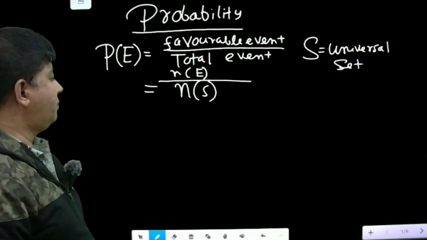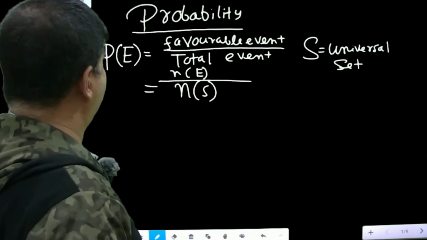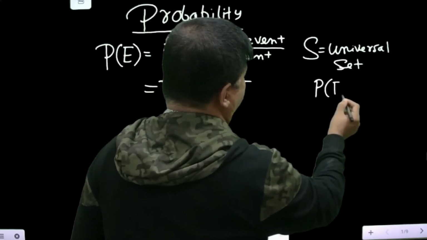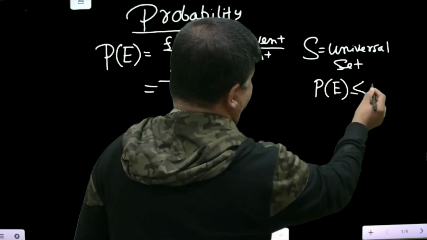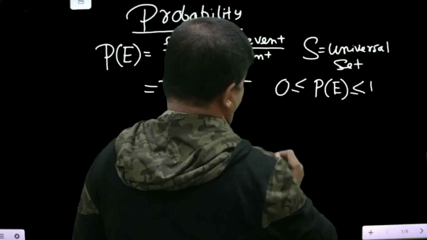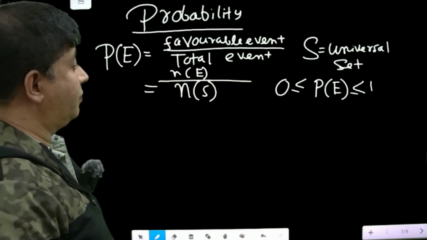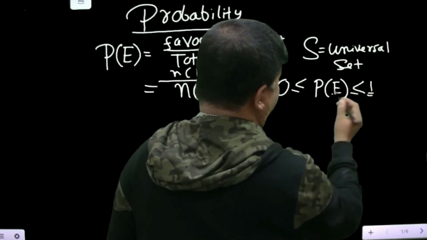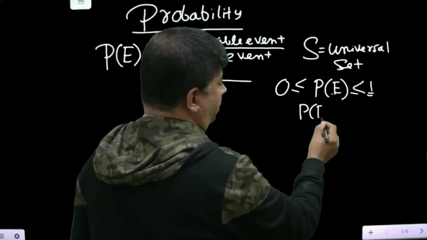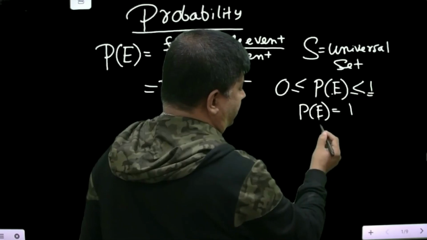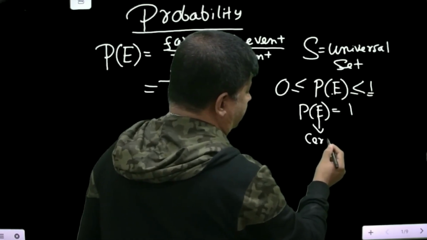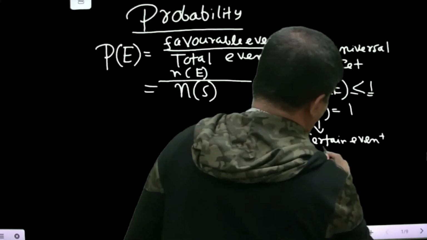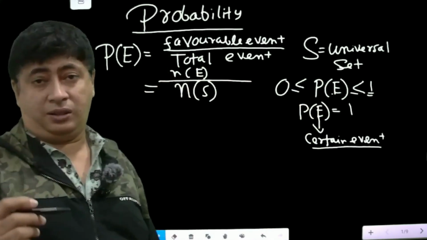This is always the basis of probability: it lies between 0 and 1. Once the probability of any event is 1, that means it is called a certain event, which occurs once.